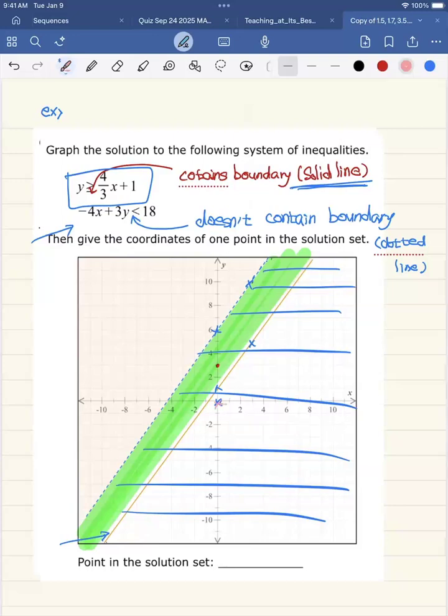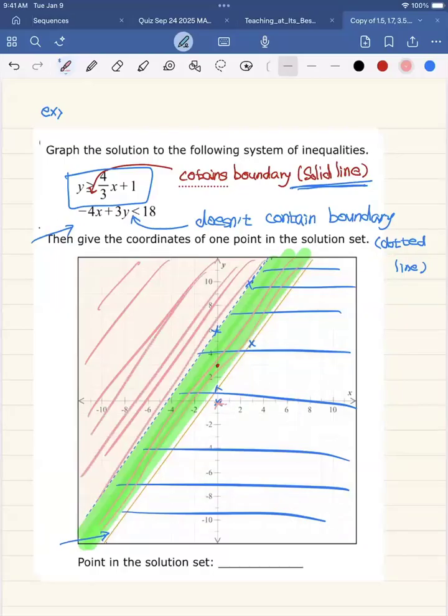So we have to shade the other side on the plane. So the overlapping part is this middle part. So this green colored region is the final answer.